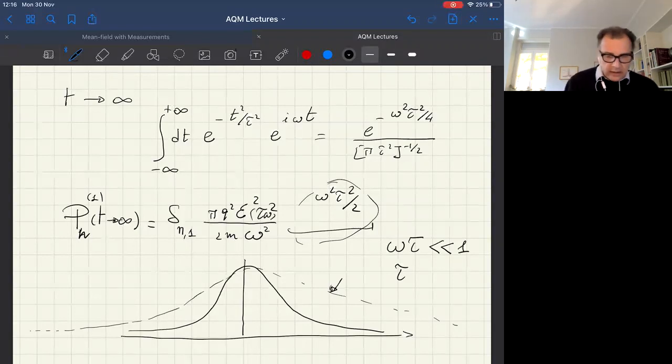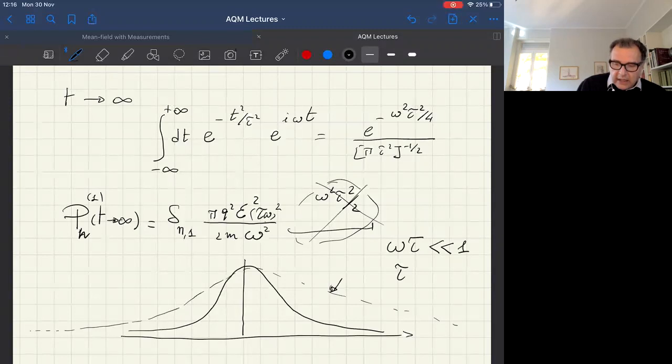Now, suppose that I fix this much smaller than 1. So this is 1, I can forget it, and I have this expression.